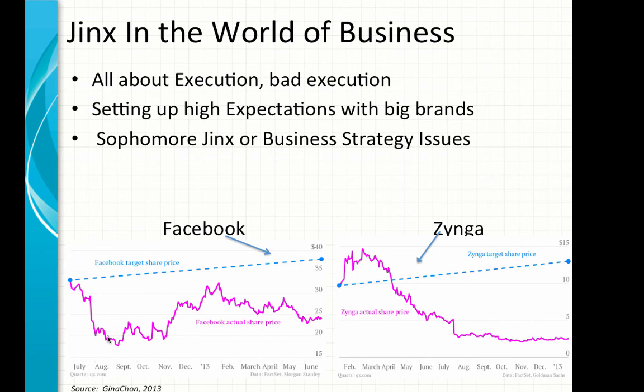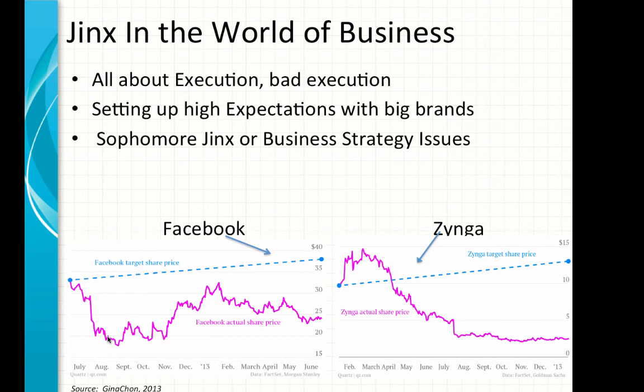So it's always better to under-promise and over-deliver. Sometimes when companies come to the public, they set up high expectations which they do not meet, and they face a decline in share prices. There are also jinx or business strategy issues. A business has to go ahead with its vision and mission, and it comes to a stage where it starts declining.